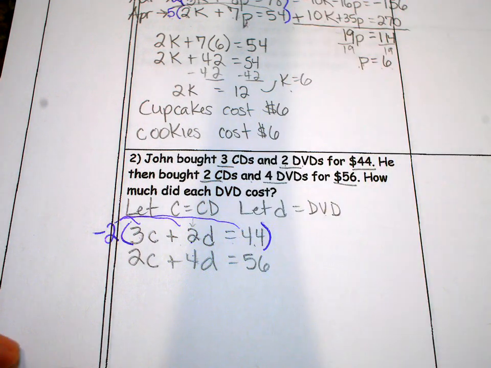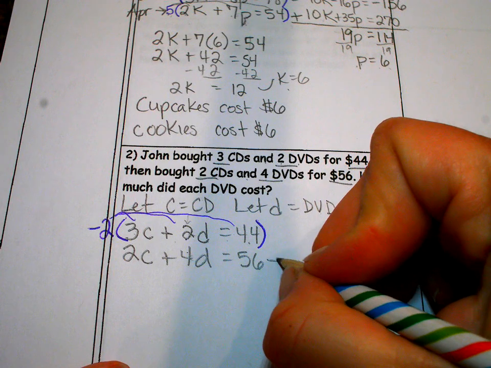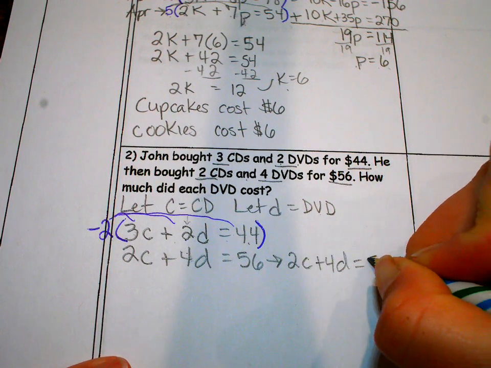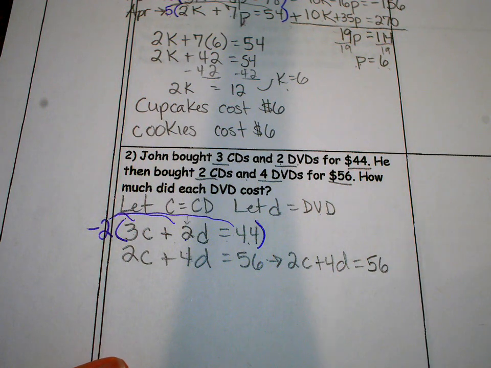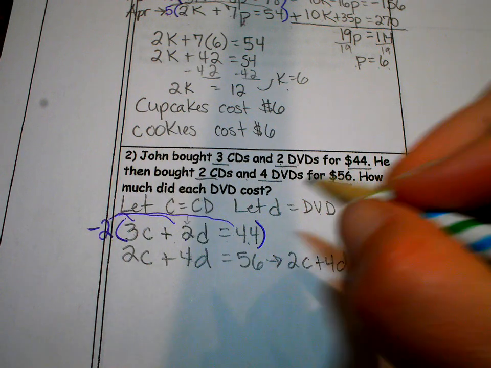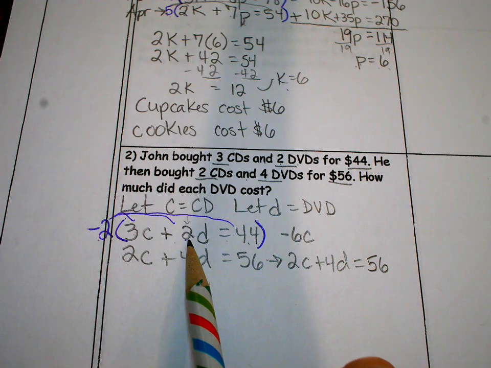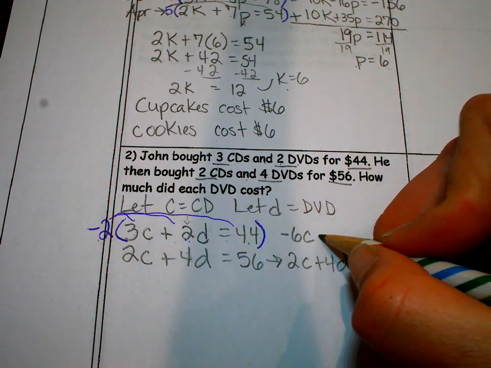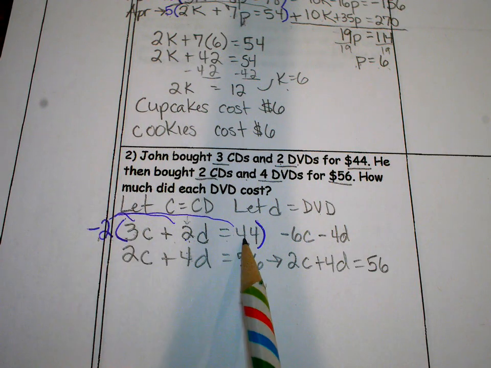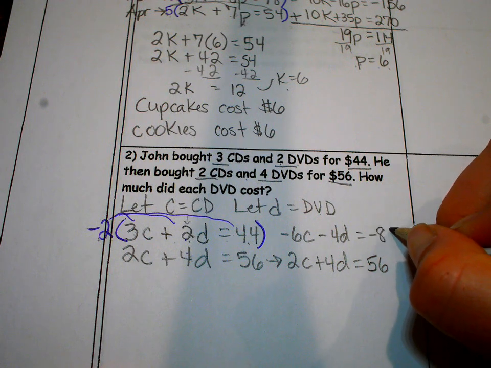Here we go. I'm not changing the bottom. So let's write the bottom again. And I want you to do your multiplying on the top. Distributive property. -2 times 3c, -6c. -2 times 2d, -4d. Yeah, there it is. It's going to cancel. -2 times 44, -88.